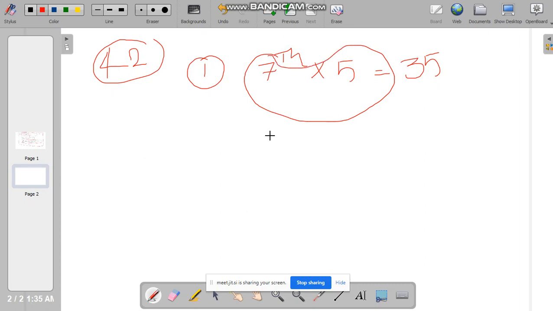For example, 8th multiple means 8 into 5, that is equal to 40. Yes. For example, 10th multiple means 10 into 5, that is equal to 50.